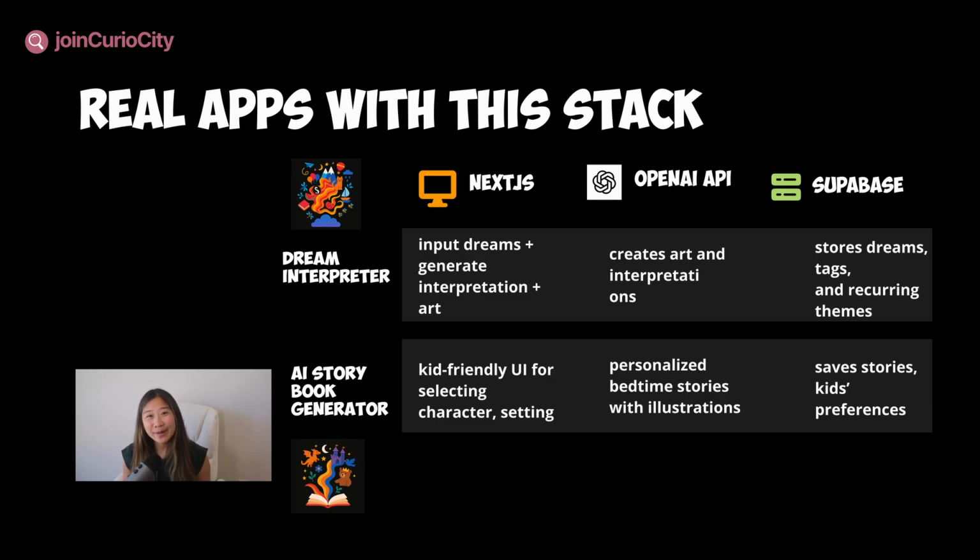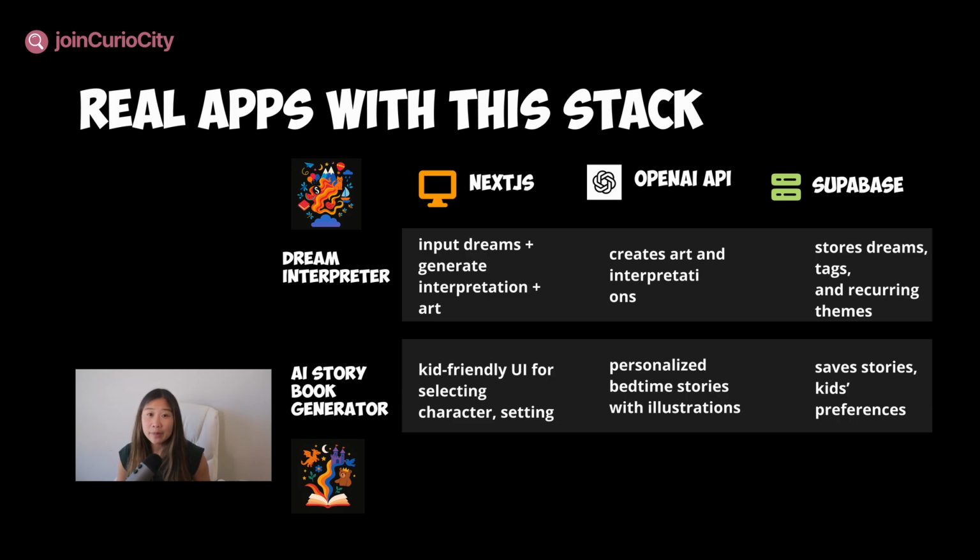In the second app, let's consider an AI storybook generator for kids. Parents or kids could choose characters, morals, and settings, and the app would create personalized bedtime stories with matching illustrations. Supabase would then save each child's preferences and past stories so the experience would get smarter over time. This barely touches the surface of the things you can build with this stack.